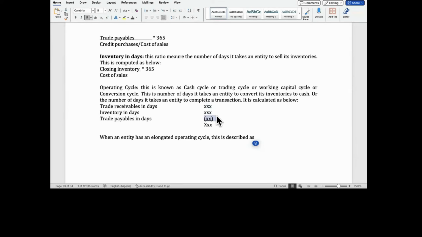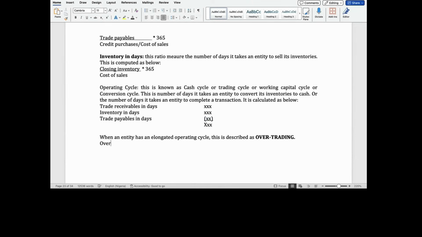There's no way you can pay your payables. It becomes elongated also. What situation is that? Somebody should know now. Are you telling me nobody knows overtrading? The company is overtrading.